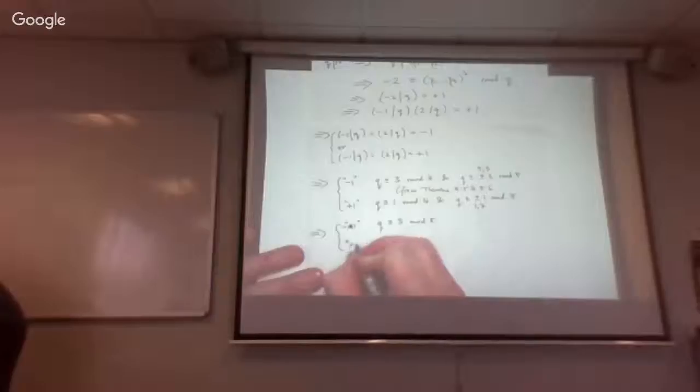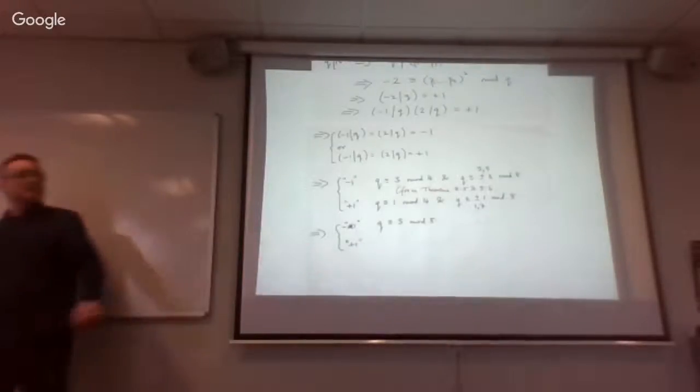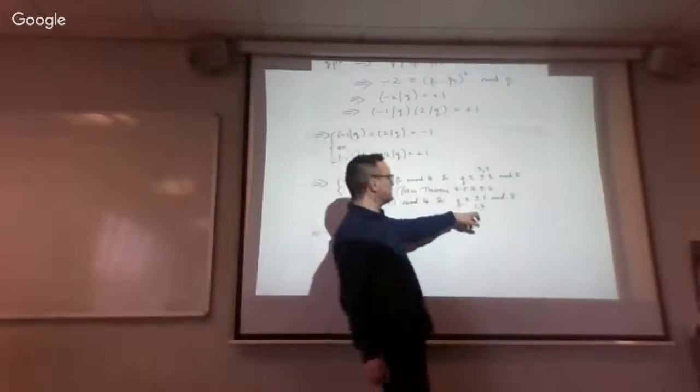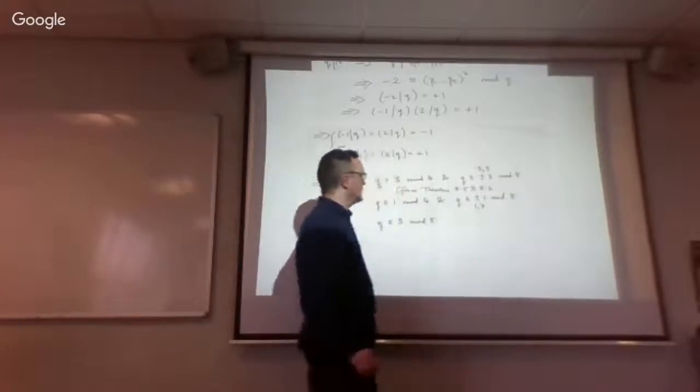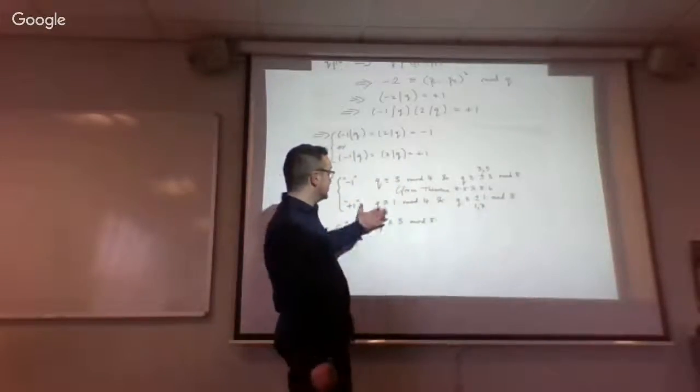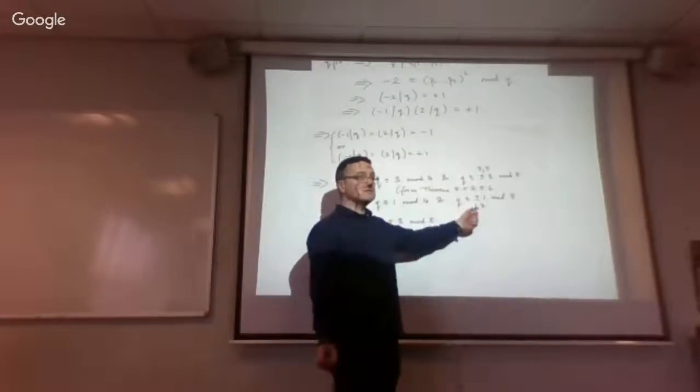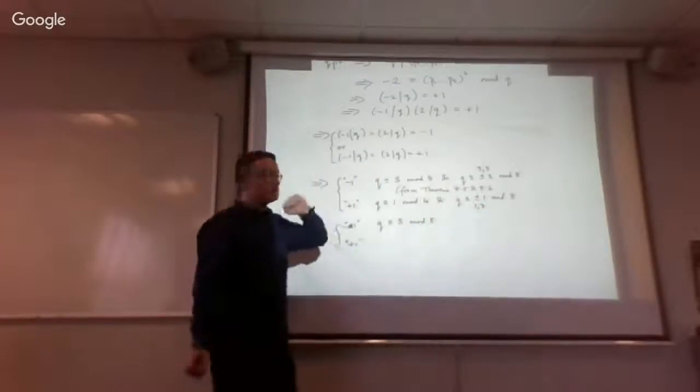And in the +1 case, q can't be congruent to 7 modulo 8, because in that case it would have to be congruent to 3 mod 4, since 7 is congruent to 3 mod 4.